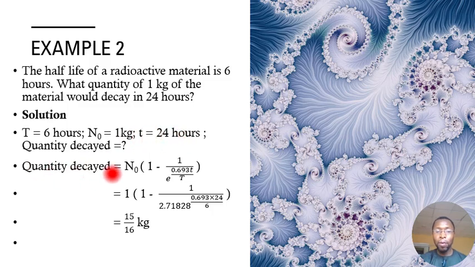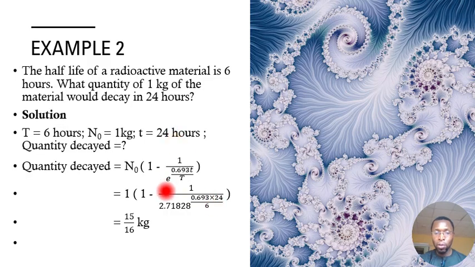So quantity decayed by formula is N0 open bracket 1 minus 1 over e raised to power 0.693 t over capital T, where e is the Euler constant. Now our N0 is 1. Substituting our values, 1 minus 1 over e to the power 0.693 times our small t, which is 24, over capital T, which is 6.